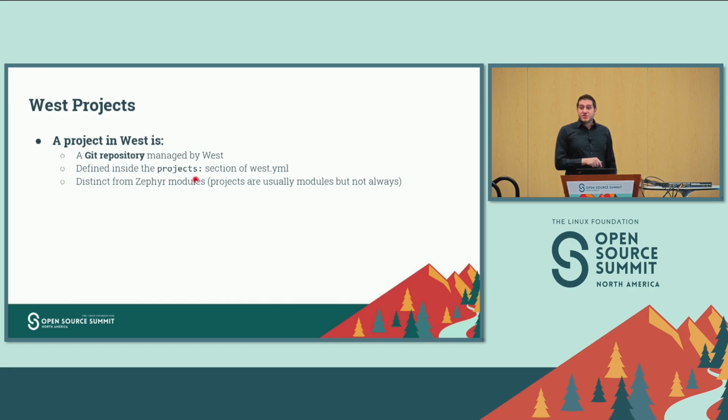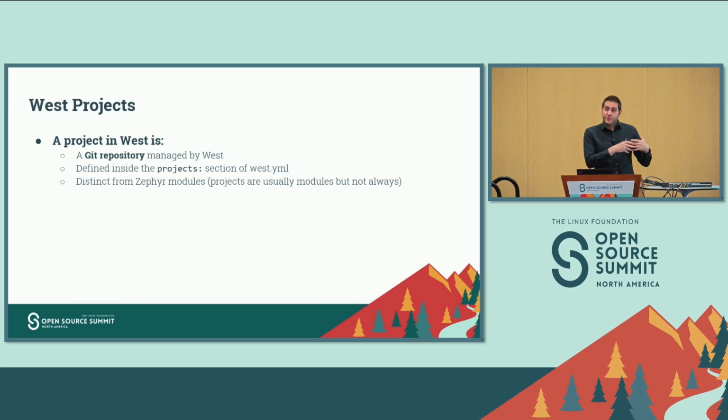So we also have projects in West. What are projects? A project in West is just a Git repository that is managed by West, and inside it we define the projects column. In this section, we're just going to specify where this repository is. We usually confuse the West project with a module. If you're familiar with modules in Zephyr, they are just folders that have a file called module.yaml.